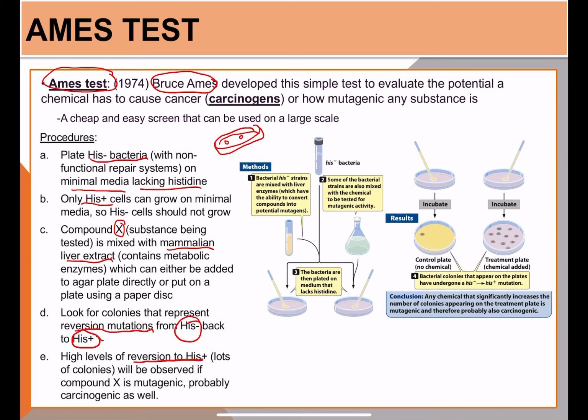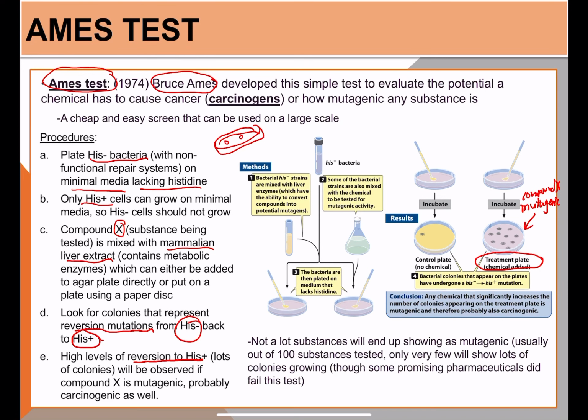Okay, so this tells us that from the Ames test, if you have lots of colony growing on your plate, that means that compound X you're testing for is very much mutagenic. Okay, mutagenic. So formation of a large amount of colonies means that that particular compound is mutagenic.